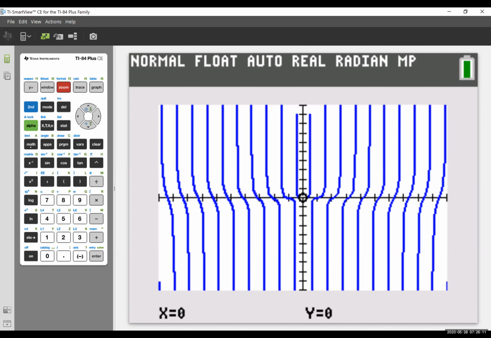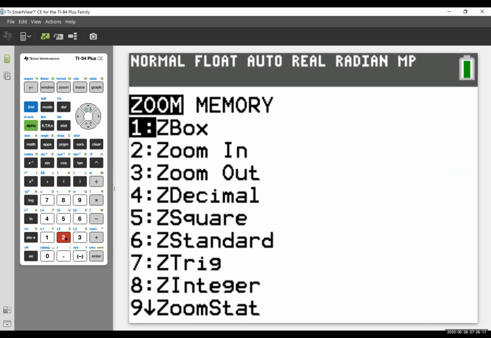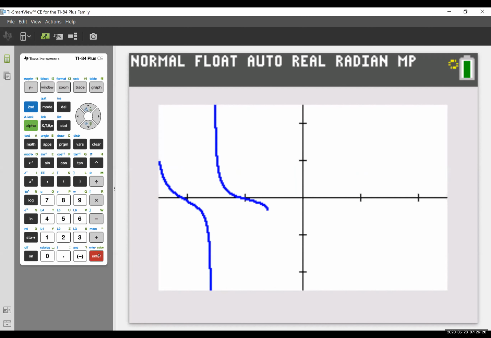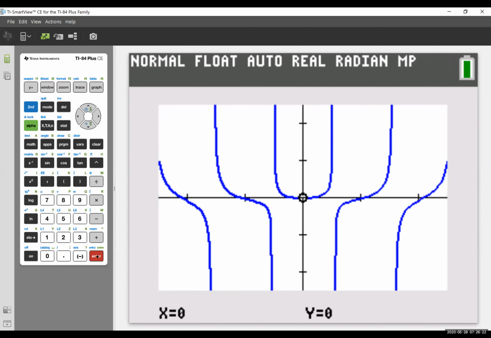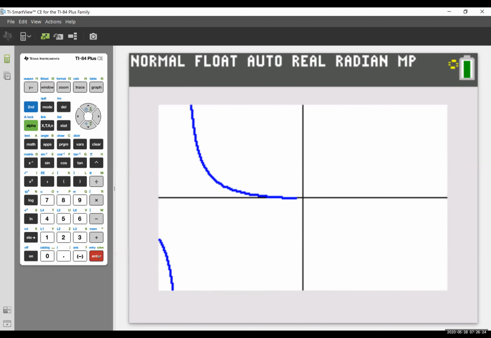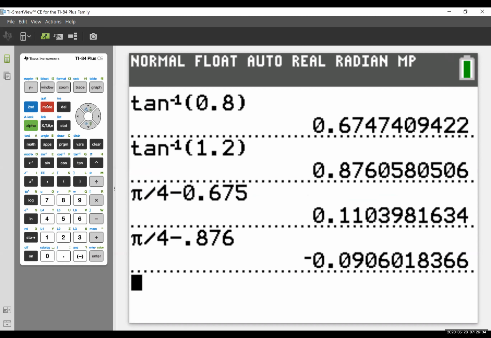Maybe I should just leave this to you guys. We're so close. So we're getting something that may work out. I'll have you play with it.